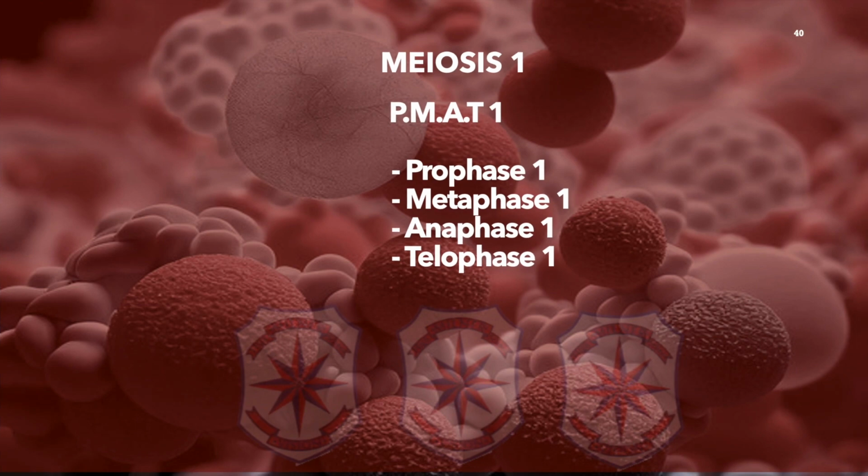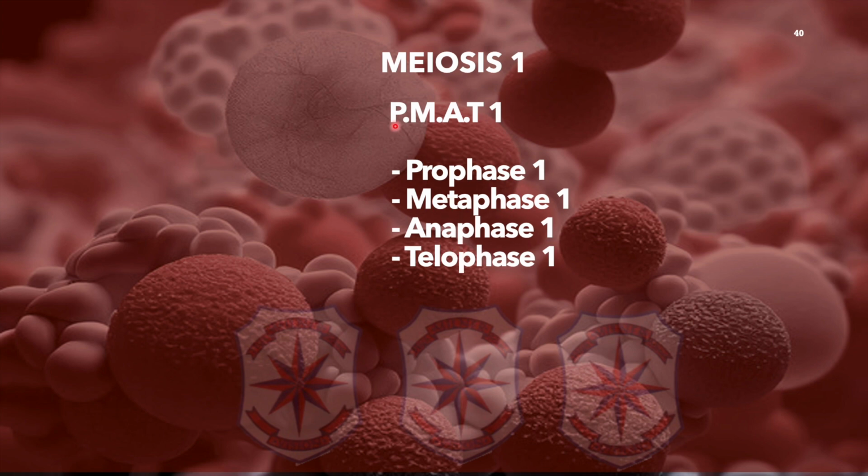Okay, guys, like we said, meiosis has two cell divisions, meiosis 1 as well as meiosis 2. Now, for the sake of convenience, please use the abbreviation PMAT. We know that the phases of cell division, both meiosis and mitosis, are prophase, metaphase, anaphase, as well as telophase.